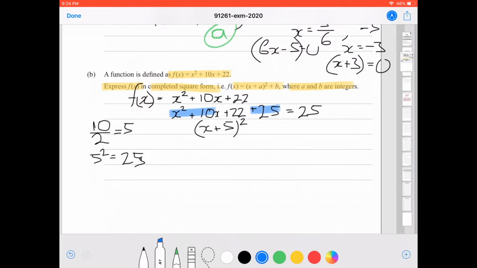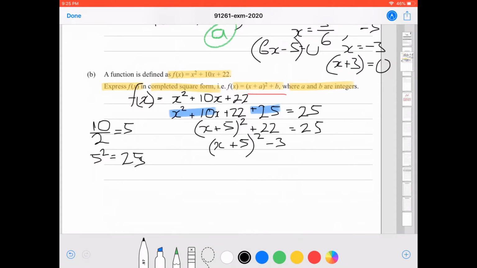And so we've got plus 22 left over, so we can say plus 22 equals 25. Rearranging, we want it in x plus a all squared plus b form. So we're going to say x plus 5 all squared, and we're going to bring our 25 back over to the left-hand side, so it becomes 22 minus 25, which is minus 3.